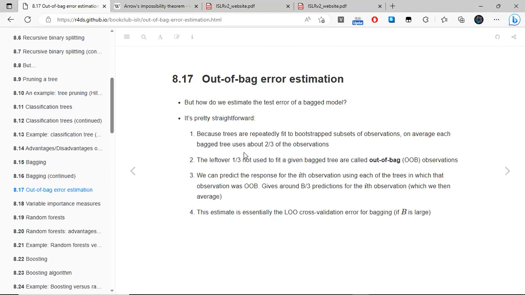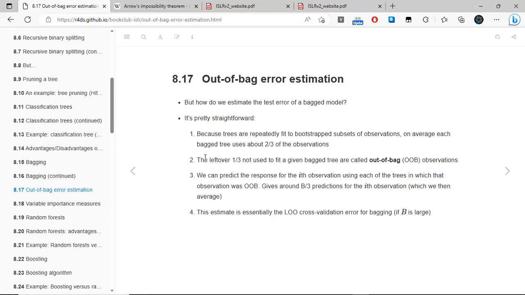And that is because there was an exercise, I think it was exercise 2 of chapter 5, and we saw that for our original training dataset, for each observation, we could expect that such observation was not present in 1/3 of the subsets that we have generated for the bootstrap.